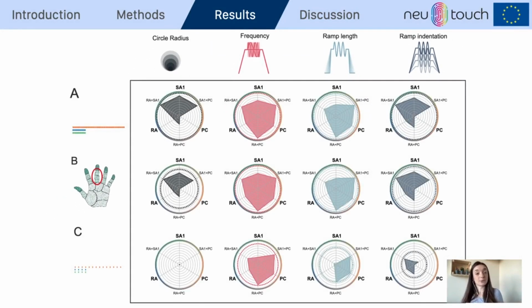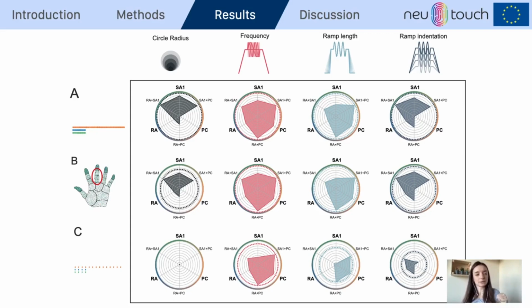Then we also explored an upper and a lower bound for the afferent density. For the upper bound, we consider all populations having a density of 140 afferents per square millimeter, while for the lower bound, all populations had 1 afferent per square millimeter. Notice that in this case, the information content is normalized column-wise. Again, in all three cases, considering a combination of classes rather than single classes, we found higher information content regarding stimulus features.